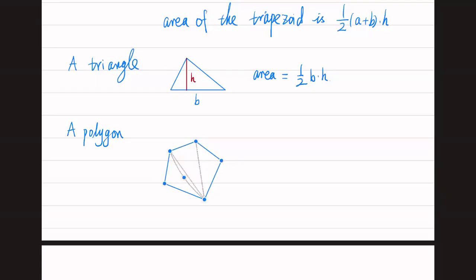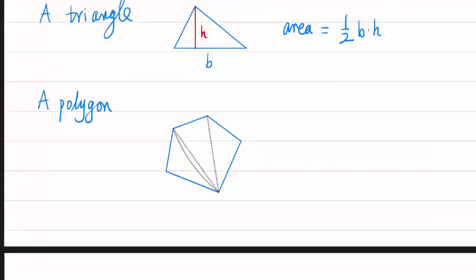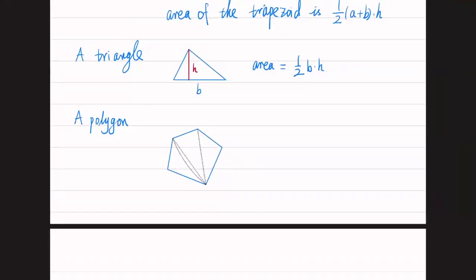We can partition this into triangles. We can use our formula to find the areas of each triangle.